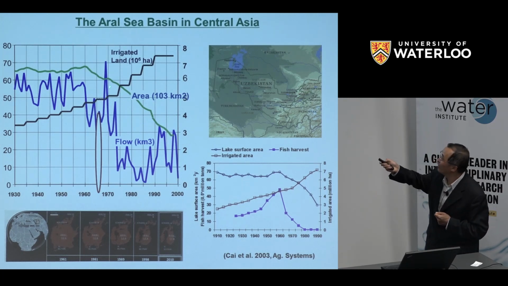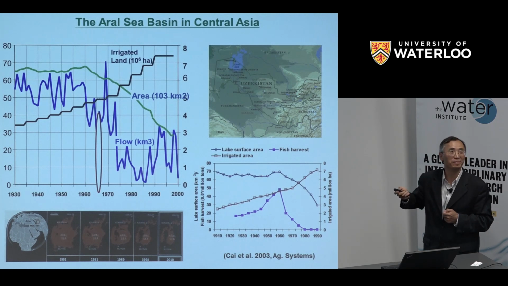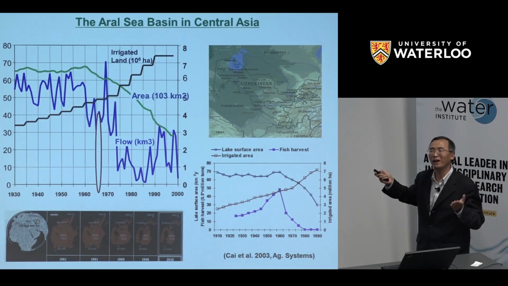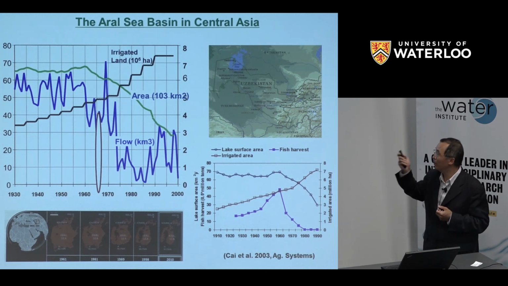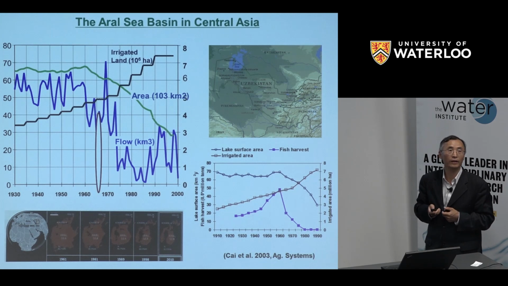If the irrigated land had stopped increasing, or increased less, around this point, what would have happened? This is an issue in complex systems about the tipping point and the threshold.